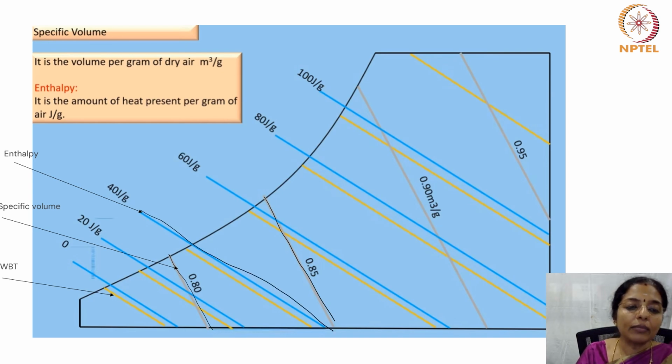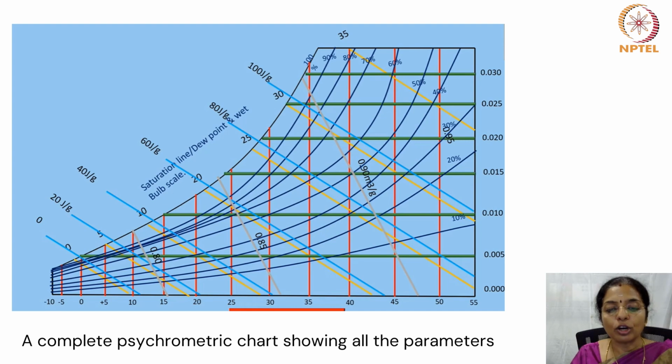So I am showing each of the components of the psychrometric chart separately, because the complete psychrometric chart will look like this and it can be very confusing. That is why I deciphered each of these separately and showed them to you. You don't have to bother too much about drawing a psychrometric chart.